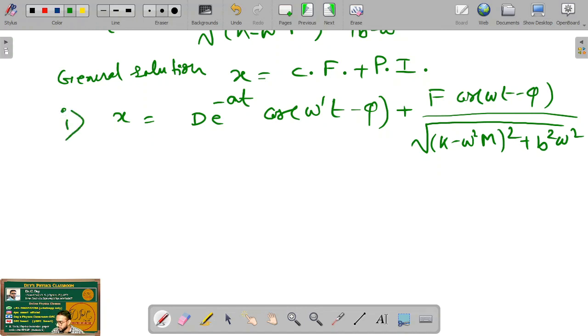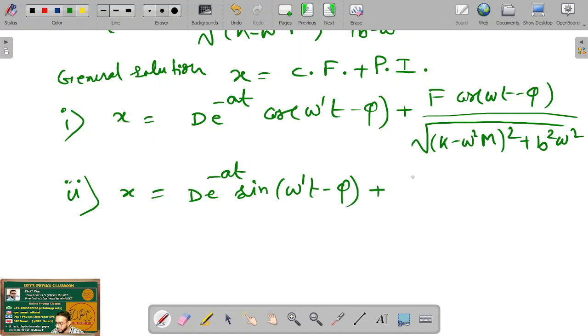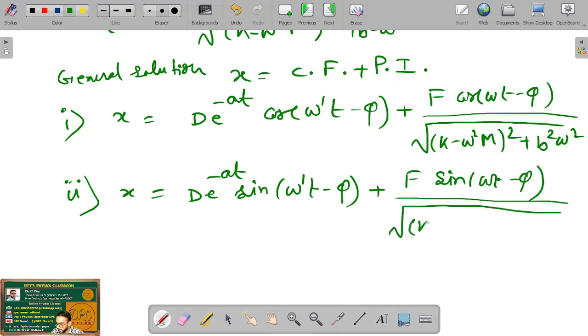This is general solution 1 if we take cosine form, and if we take the sine form, then the general solution would be x equals d to the power minus at sine(omega prime t minus phi) plus F sine(omega t minus phi) divided by root under (k minus omega square m) whole square plus b square omega square.